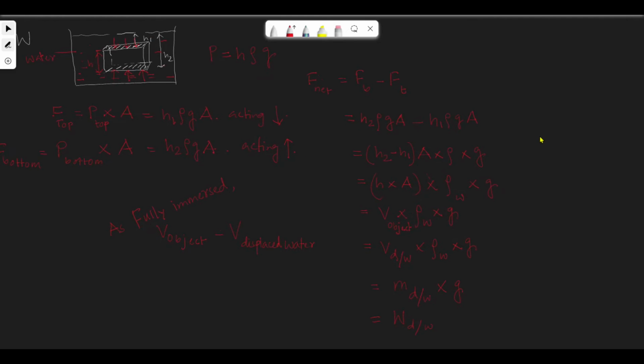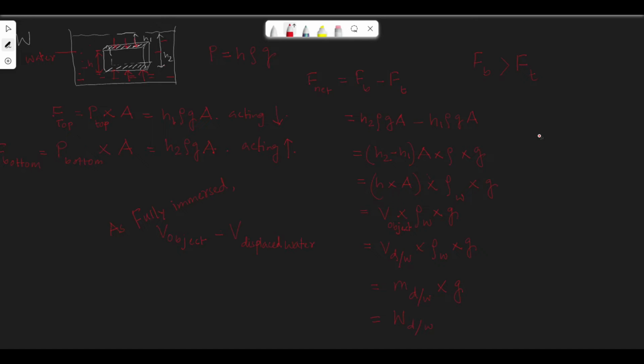Why the weight? Why is the water displaced here? It is because when the object is immersed in the fluid, it will displace an equal amount of volume, how much space it occupied in that particular fluid, that much volume of fluid it will displace. So here the force on bottom is greater than force on top.